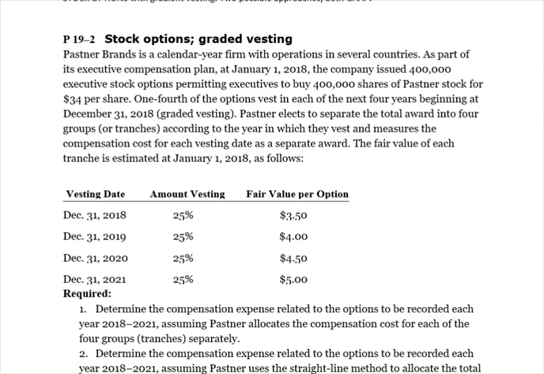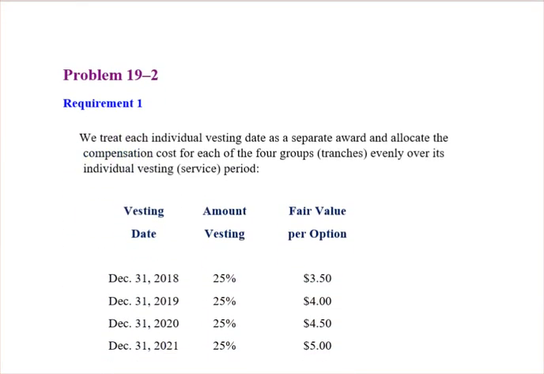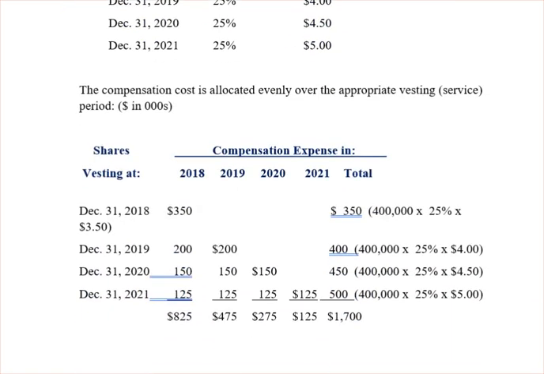The 400,000 needs to show up as compensation expense over 2018 and 2019, and so forth. And so the last group, which does not vest till December 31st, 2021, the 500,000 needs to be spread over how many years? 4 years.